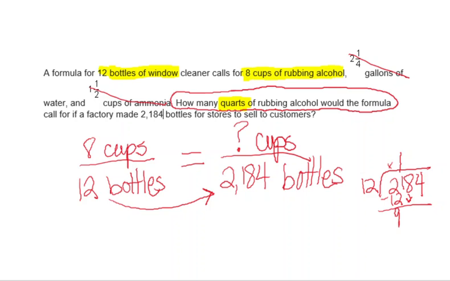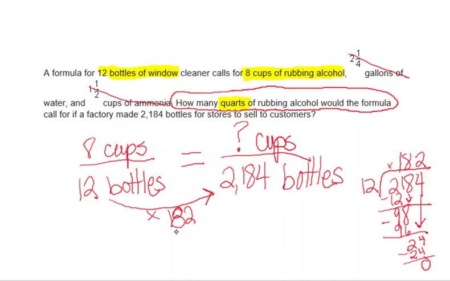Bring down the 8. 12 goes into 98, 8 times. 12 times 8 is 96. Subtract and I get 2. Bring down the 4. 12 goes into 24 2 times. Multiply, I get 24. Subtract, I get 0. So I know that 12 times 182 is equal to 2,184.